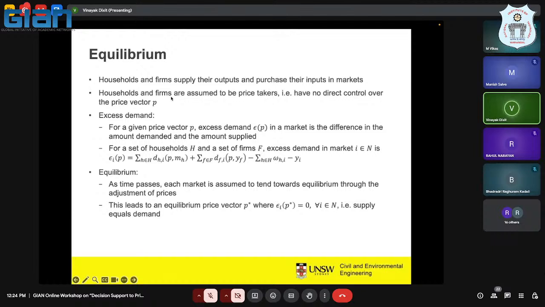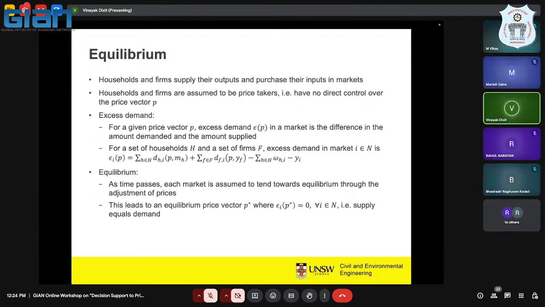Households and firms are assumed to be price takers. That is, they have no direct control over the prices because the market is deciding the prices. It's not any one government or any one company that is determining the prices. For each given price vector P, there's an excess demand.